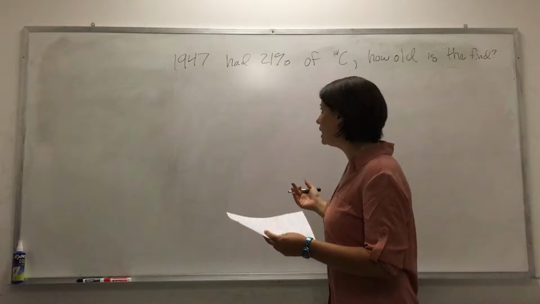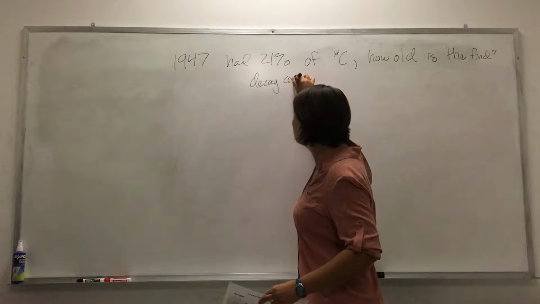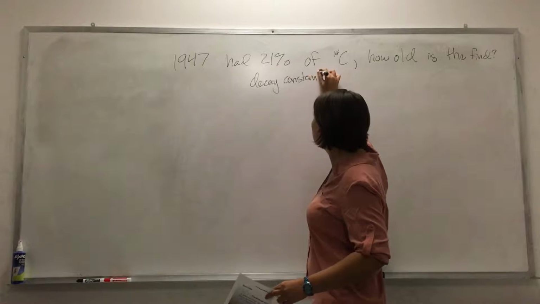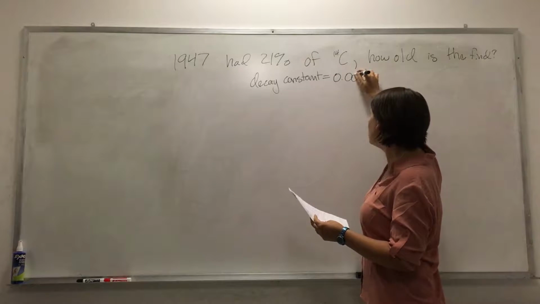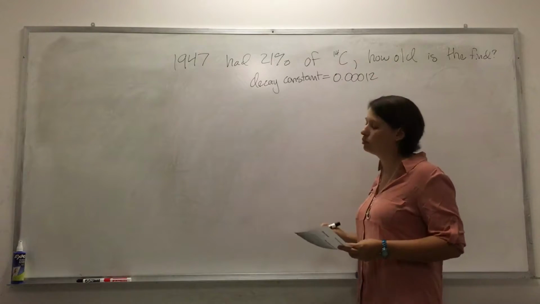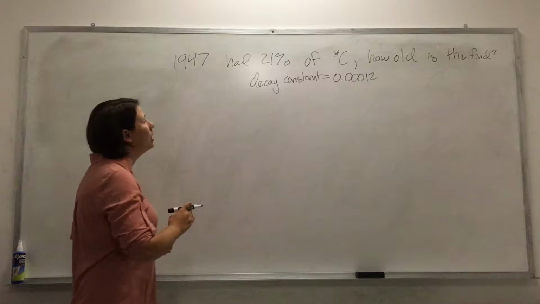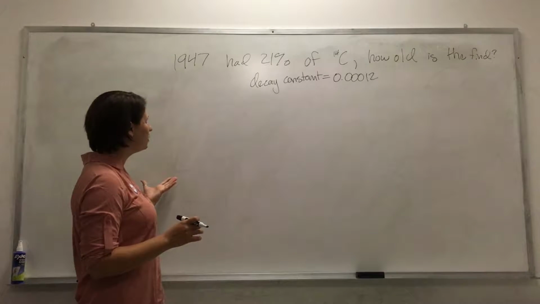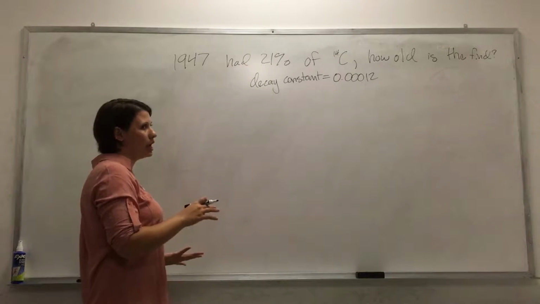So then it tells us that the decay constant is 0.00012. It's a long decimal. So they tell us in 1947, 21%. How old is it? If we have a decay constant.